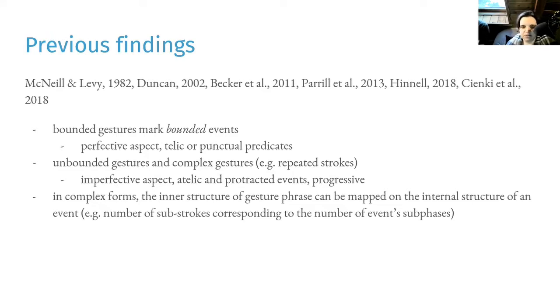In complex forms, the inner structure of the gesture phrase can be mapped on the internal structure of an event. For instance, a number of substrokes can correspond to the number of event subphases as attested in Hinnell 2018.